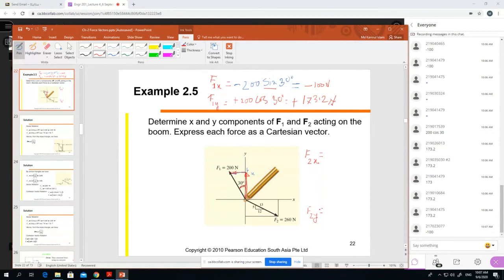Please write down the answer clearly. We have to find the angle. If you need to find the angle, find the angle. Pythagoras.